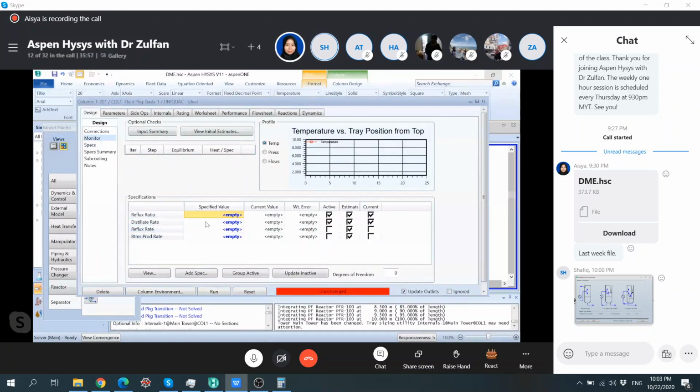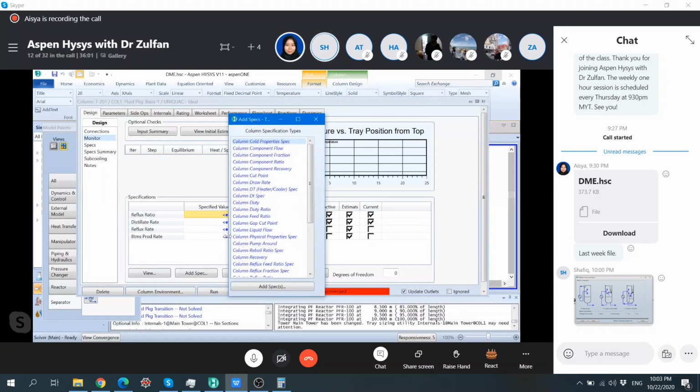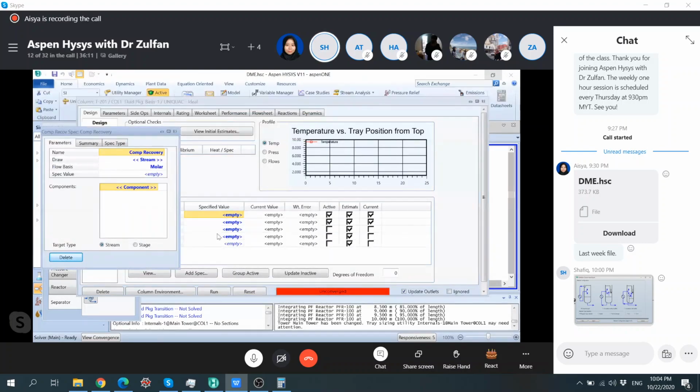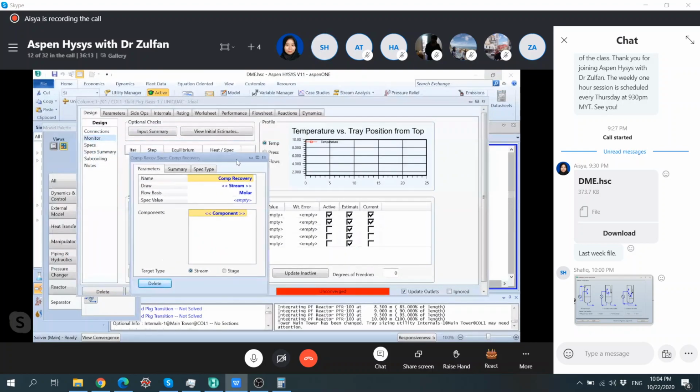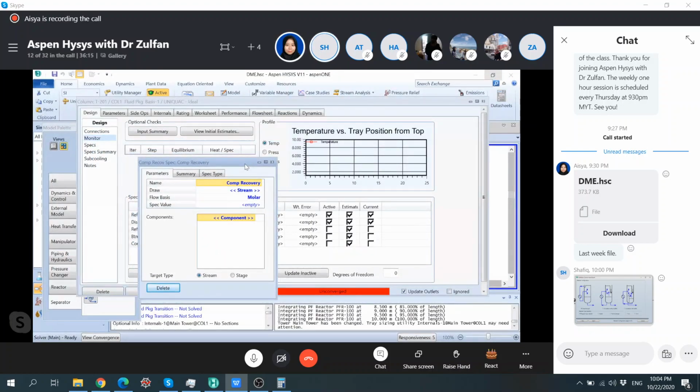Then we will do a column component recovery, because we are going to recover the component. Hence, we need to search for the component recovery spec. Rename it recovery DME, for example, so that we know.